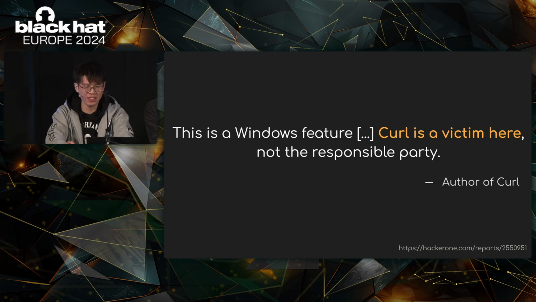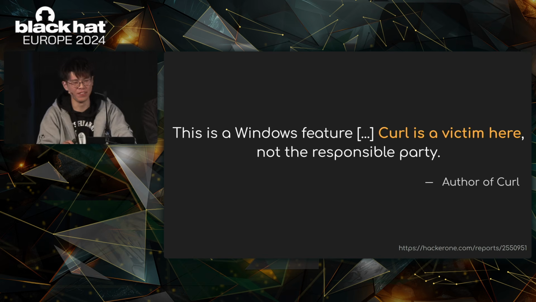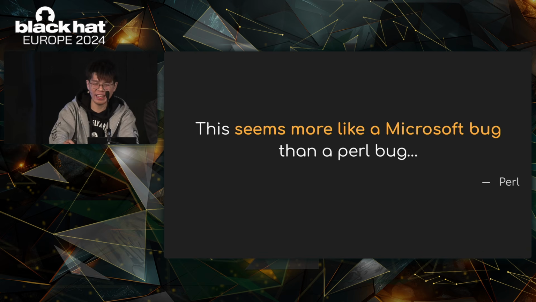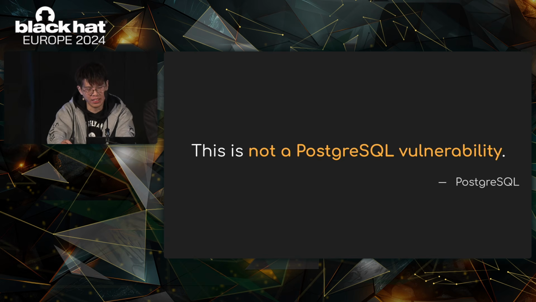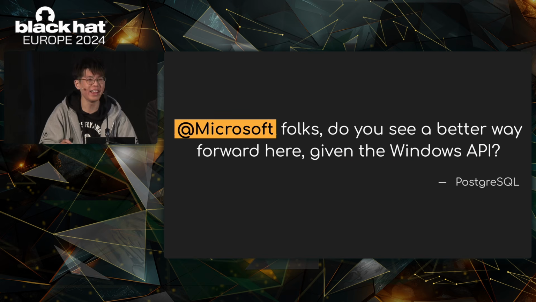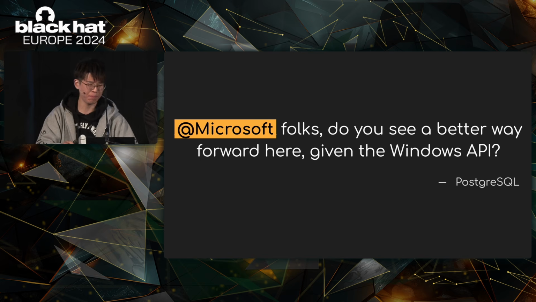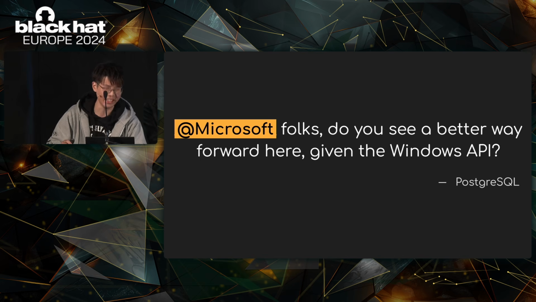The author of curl said that curl is also a victim, not the responsible party. OK. Perl said that it seems more like a Microsoft bug. Good. Postgres also said that's not their problem. And the maintainer from Postgres even tagged Microsoft to ask if there was a better way to use the Windows API.